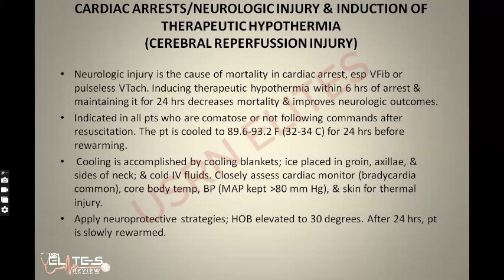Let's look at neurologic injury. After cardiac arrest, one complication that worries a lot, I don't know whether most of us here can relate, is this: you can have a patient who was doing well at a point in time, and maybe the patient had an arrest.